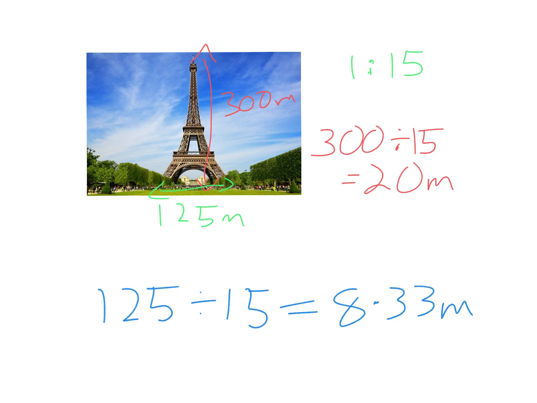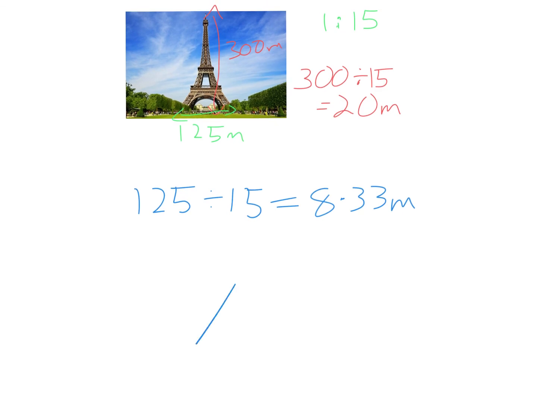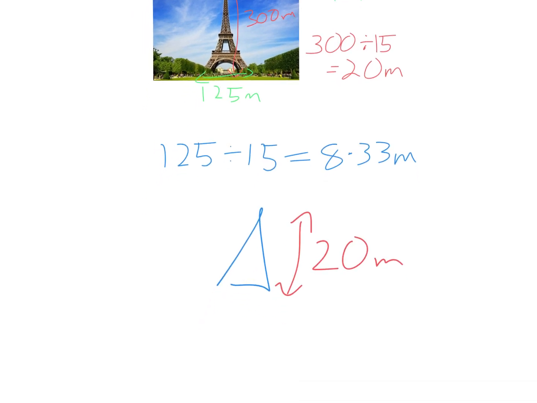So your model there is going to be, imagine that's the Eiffel Tower, it's not a great drawing. So your model is going to be 20 meters tall, 1/15 of the actual height, and it's going to be 8.33 meters wide. So 1/15 of the actual width.